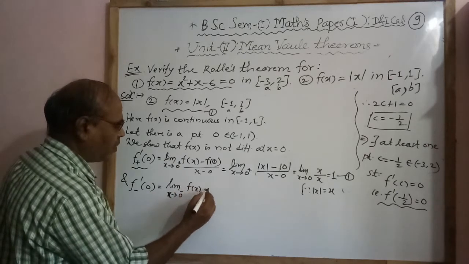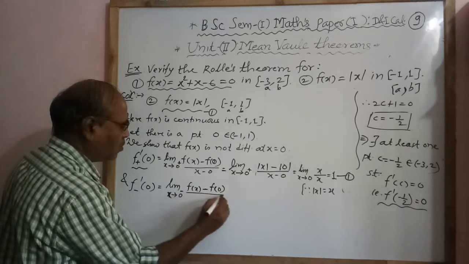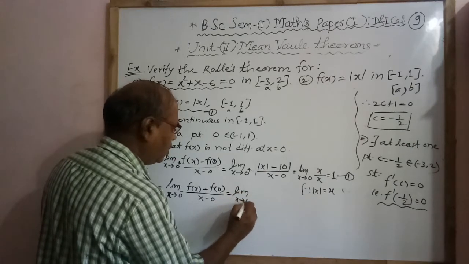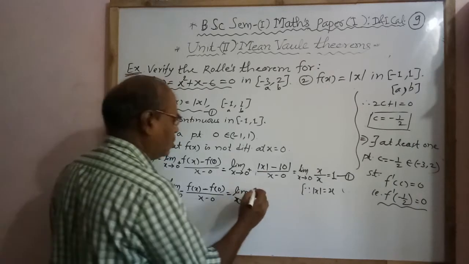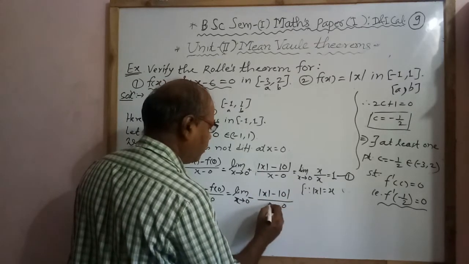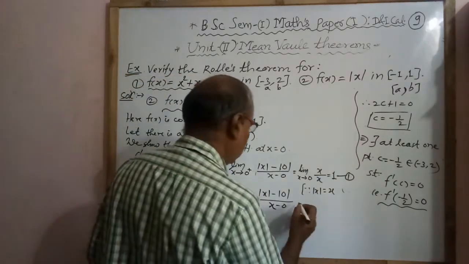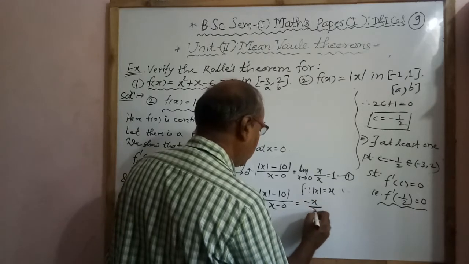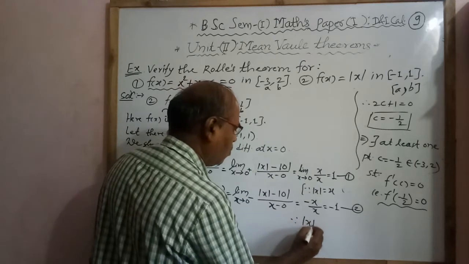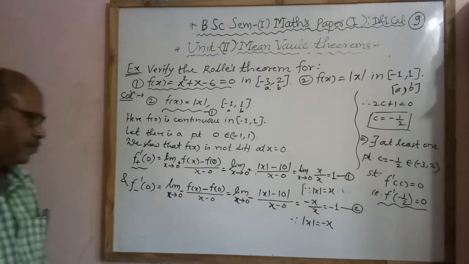Therefore, again by the definition of derivative we have limit x tends to 0 minus of f of x minus f of 0 divided by x minus 0, equal to limit x tends to 0 minus of mod of x minus mod of 0 divided by x minus 0. Now x tends to 0 minus means for negative values we have mod of x equal to minus x. Therefore, we write minus x divided by x equal to minus 1, since mod of x equal to minus x for the negative values.